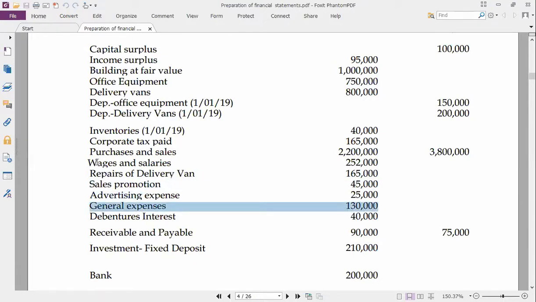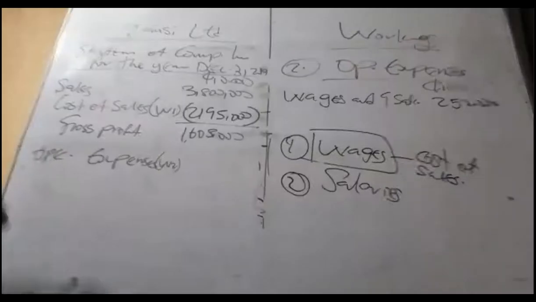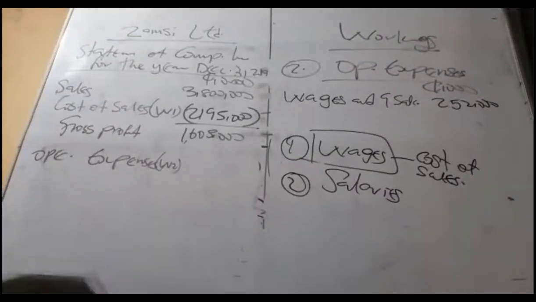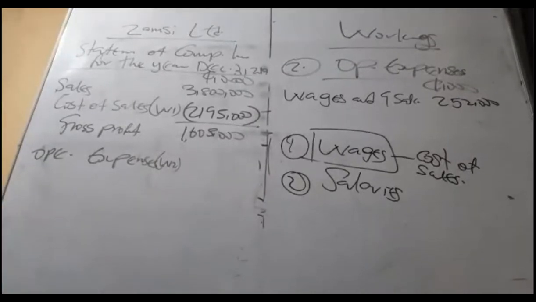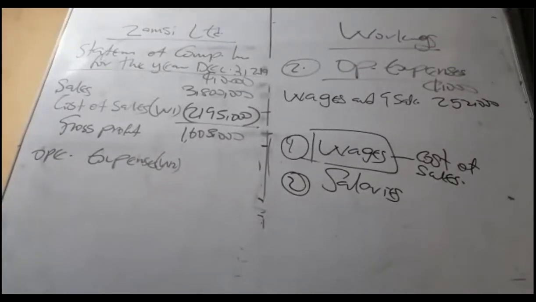So when you start with one, the remaining ones follow like that, in that order. So that's why we pick the figures. So let me record them. Yes, please, if wages is standing alone, add it to cost of sales. It's a cost of sales figure.